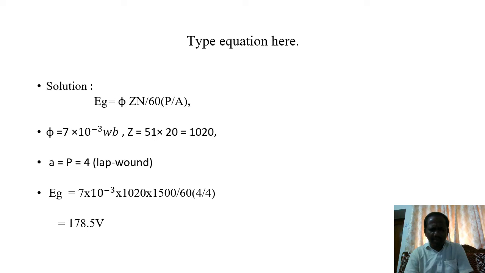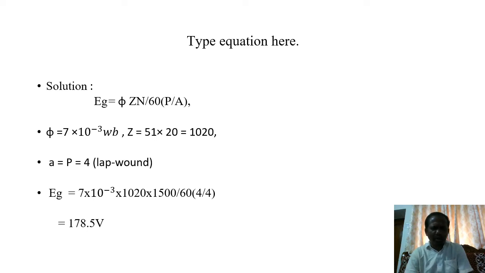In case of lap wound, A is equal to P. From the problem, phi is 7 into 10 to the power of minus 3 webers, Z is 51 into 20, 1020 conductors, and A is equal to P is equal to 4, that is lap wound.